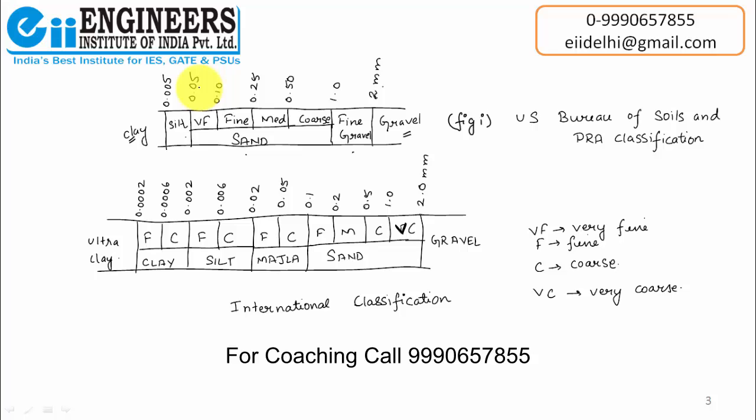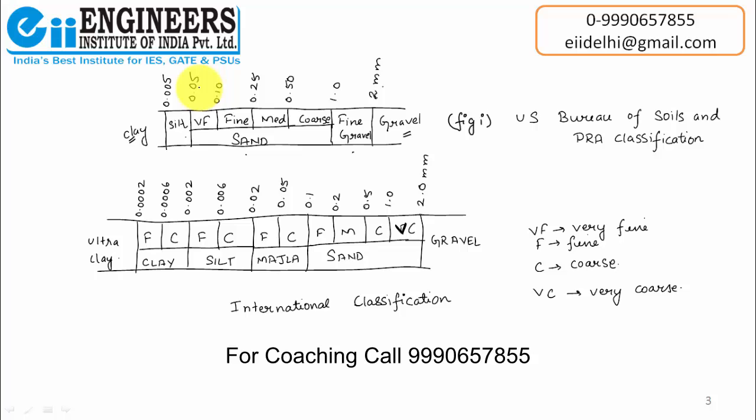There was one more classification, the International Soil Classification. It was proposed by the International Soil Congress at Washington in 1927. It classified clay, silt and sand as fine and coarse, and gave one more term, marjla, whose dimensions vary from 0.02 to 0.1 mm.